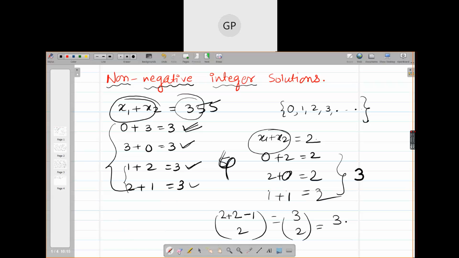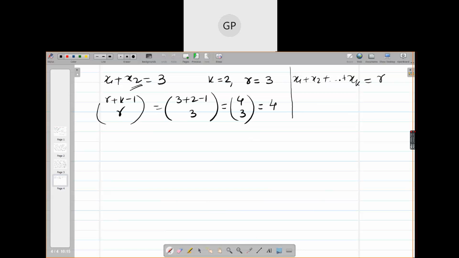Have you understood this, girls? Yes, ma'am. Now in case of this equation, suppose I have x1 plus x2 plus x3 is equal to 4. Then how many partitions will you have? These are simply the partitions of number 4.